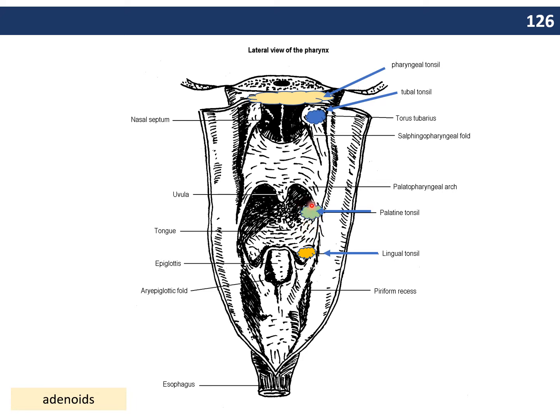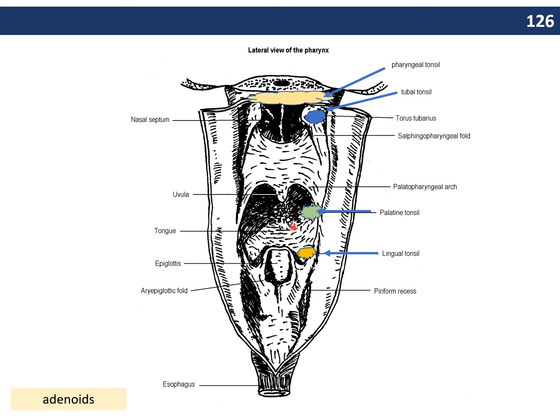It sits in its own fossa, the palatine fossa, and notice the close approximation of the pharyngeal opening of the tympanic tube, which is just superior to where the palatine tonsil sits in the posterior part of the oropharynx.